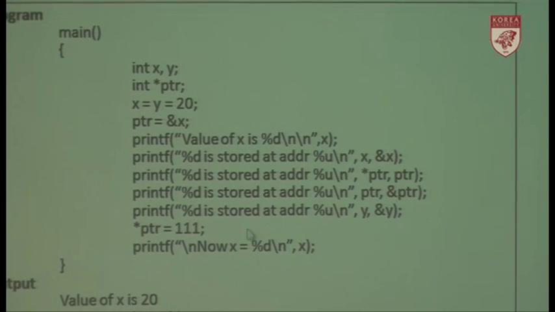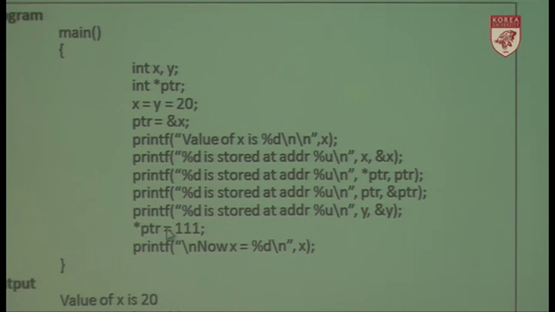Then in this case we are looking at the y. So the 20, definitely this value is 20, so we print out y and y. So y's value is 20 here. 20 is stored at the other address, so the address of y. Then if we say pointer ptr equal 111, that means this pointer is pointing to the memory address of x.